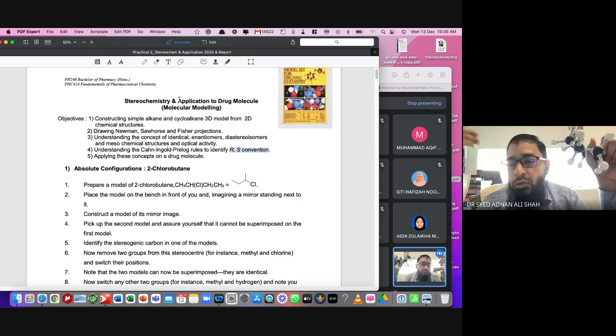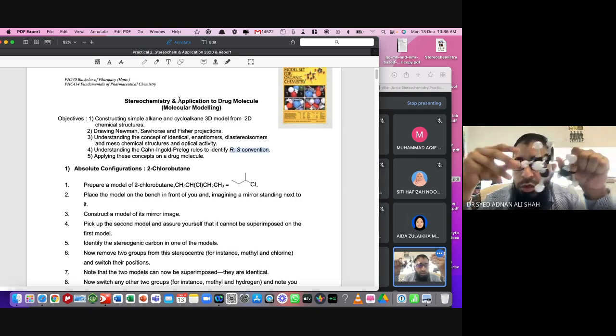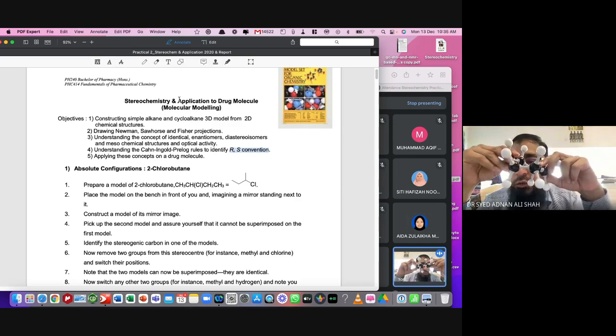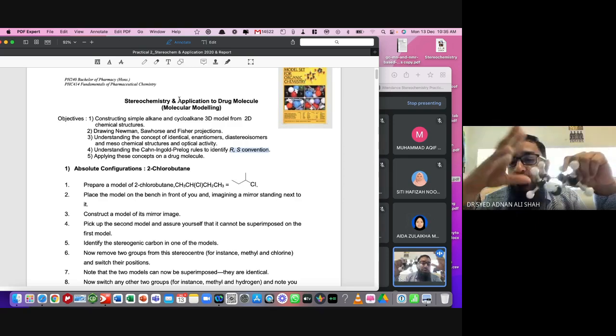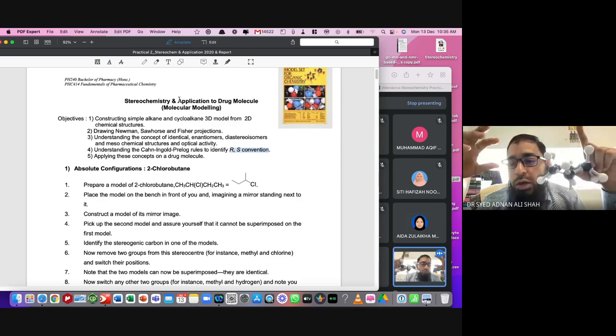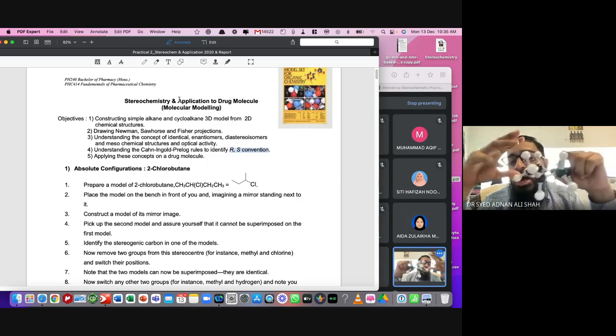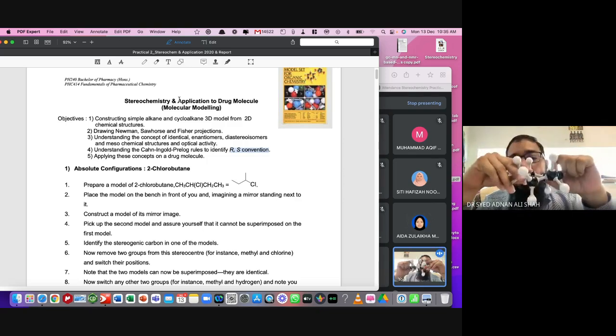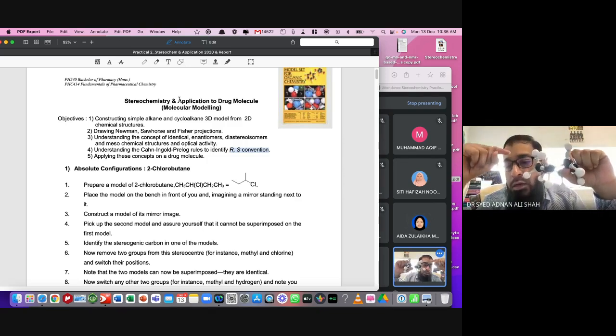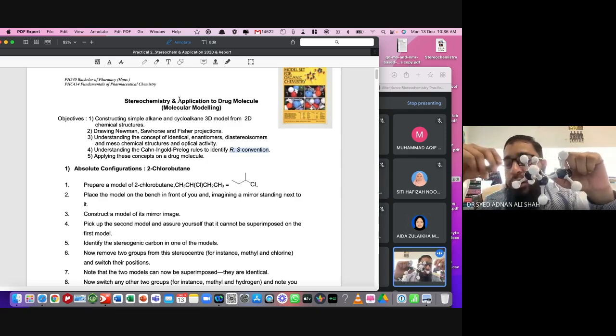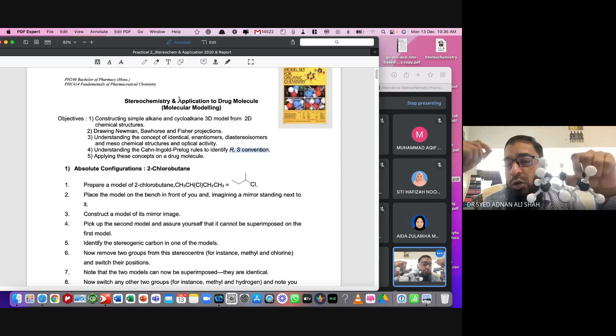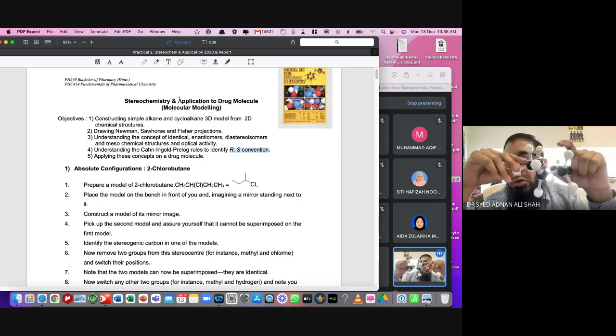So the molecule is the same, but it has different conformations. If two molecules have different configurations, it means they are different molecules. If one molecule has different conformations, it means it has different positions, but the molecules are the same.